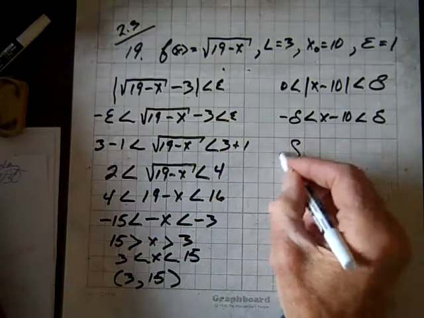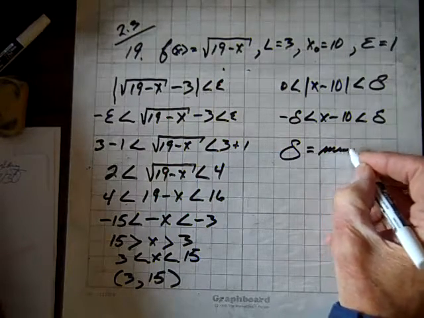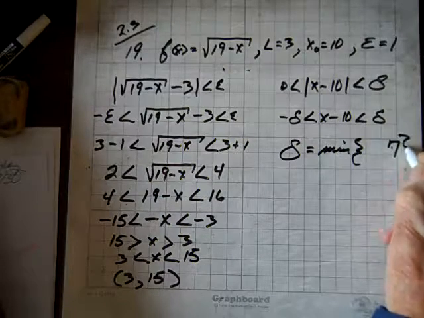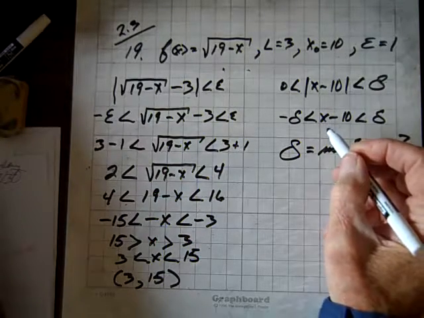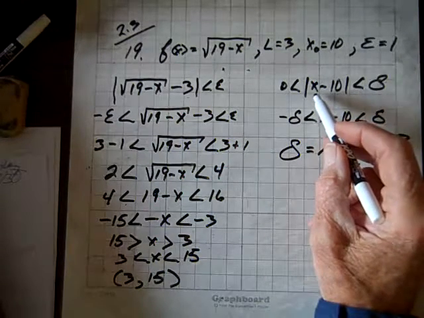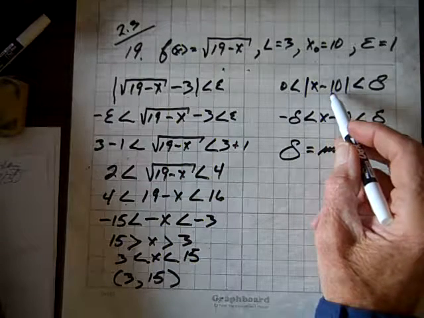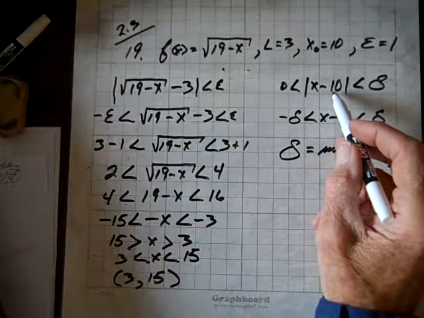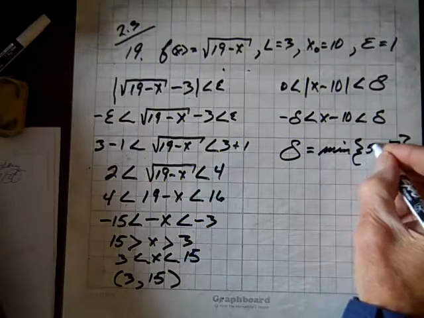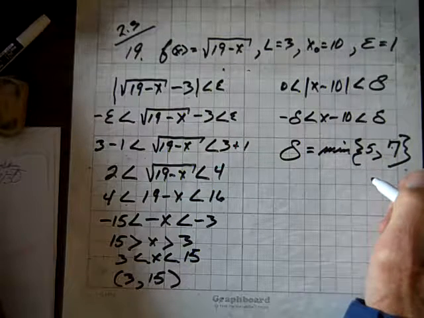And so I'm going to say delta is going to equal the minimum of, and we just said we got a 7 here. Now let's replace x with 15, and we'll get the absolute value of 5, which is 5, so there's 2 candidates for delta, 5 or 7.